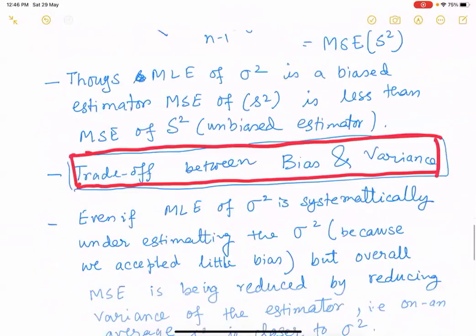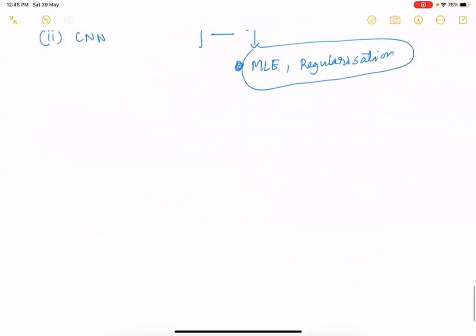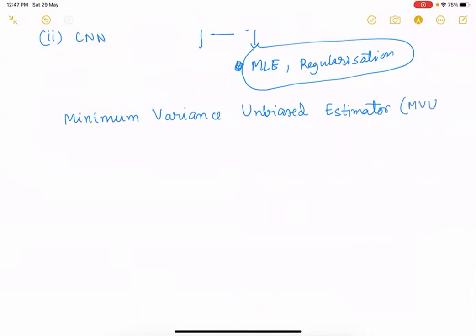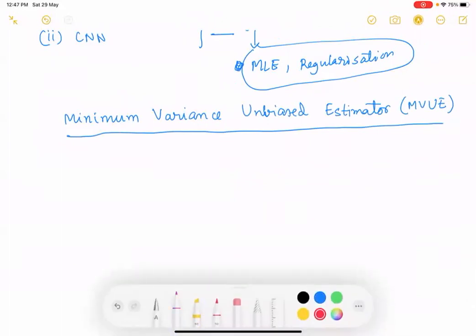So the minimum variance unbiased estimator, MVUE, is a topic everybody in the stat community loves. Pretty much every stat department, every stat professor goes bang on this concept. And what is this concept talking about?